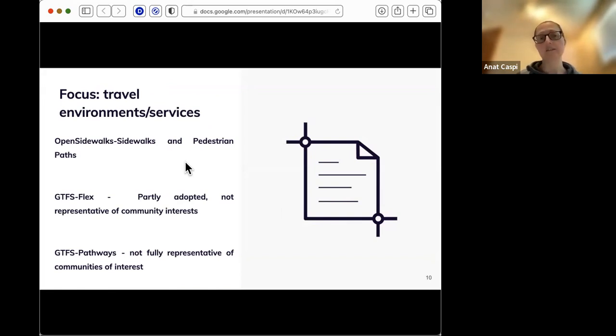GTFS Flex concerns the digitization of flexible on-demand types of services, and GTFS Pathways addresses the digitization of a representation of mostly indoor, though it doesn't have to be indoor, transit spaces: bus stops, train stops, train stations, etc. And obviously that is a huge gamut of complexity, right? You can go anywhere from a bus stop with a pole to a multi-level large train station, and all of that needs to be represented by the pathways.